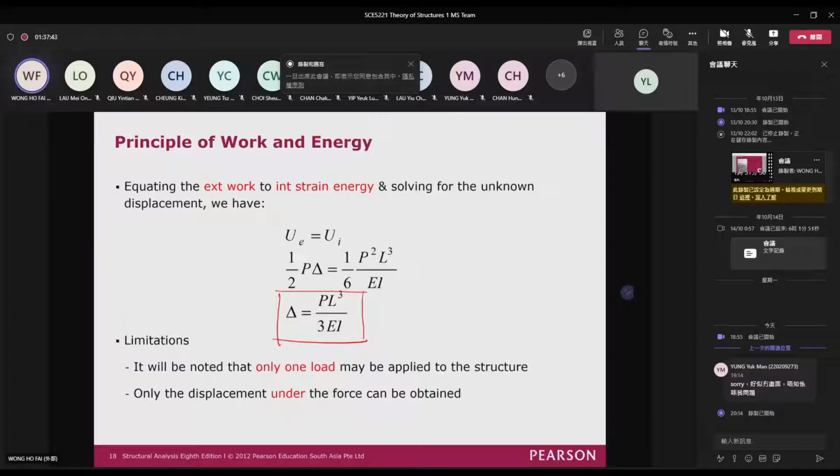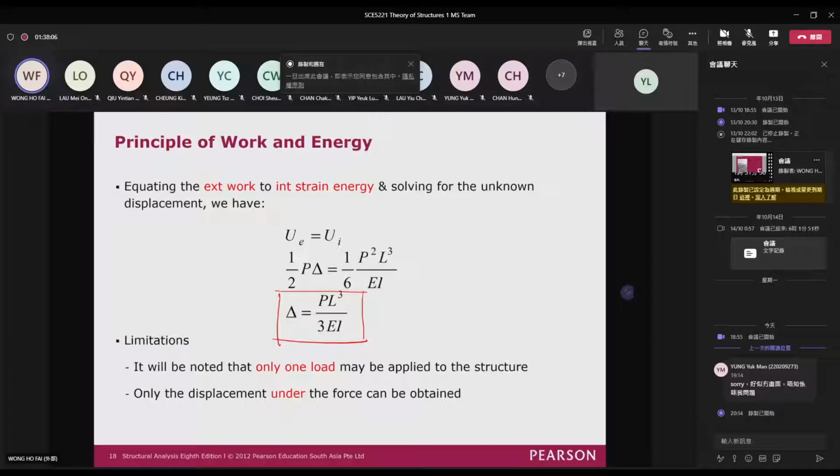So this is actually using the conservation of energy. That means the external work done is equal to the internal strain energy. This one seems perfect because you can find the answer, right? But this calculation actually has some drawbacks.